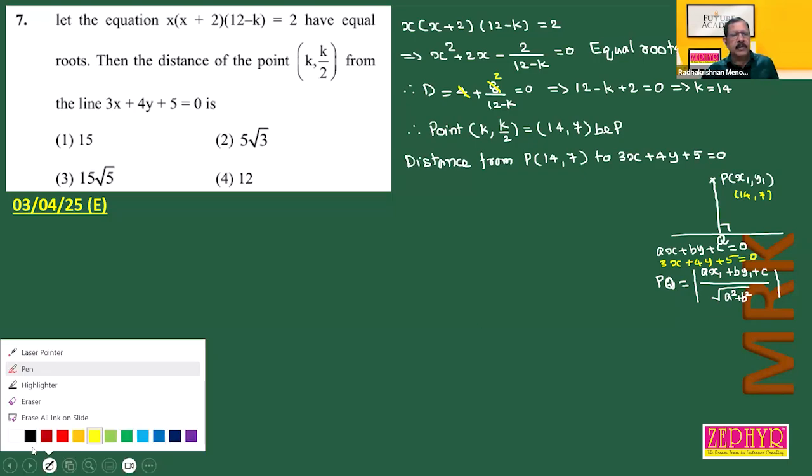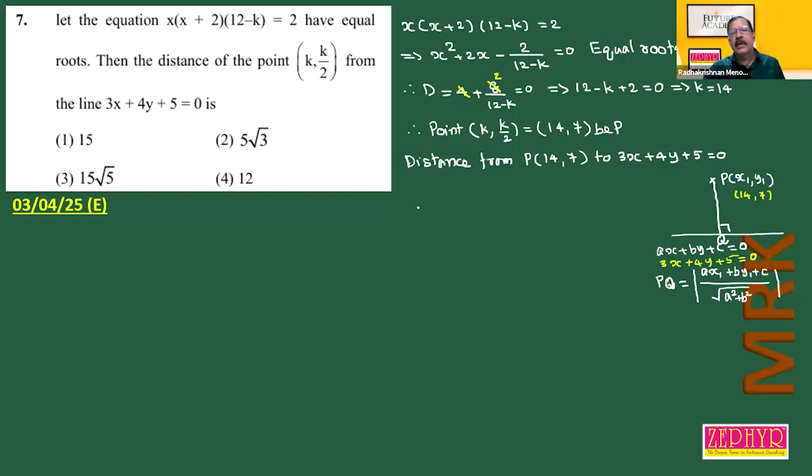So now you got the answer. Equal to modulus numerator. Put x is equal to 14. So 3 into 14 plus 4 into y is 7.